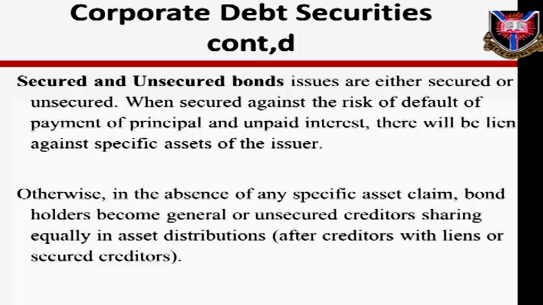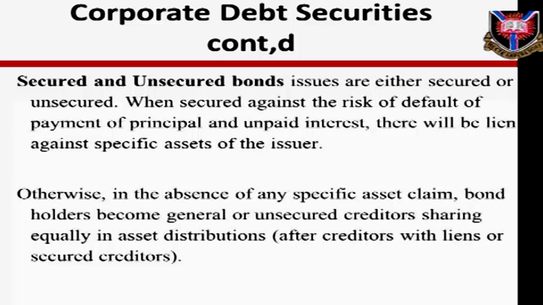Secured and unsecured bonds. These are issues which are either secured or unsecured. When secured against the risk of default of payment of principal and unpaid interest, there will be a lien against specific assets of the issuer.